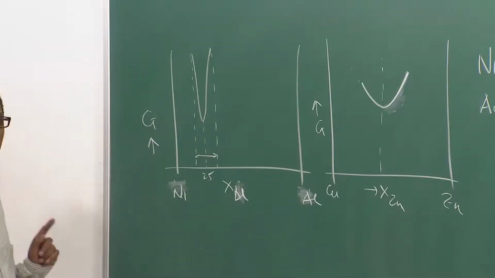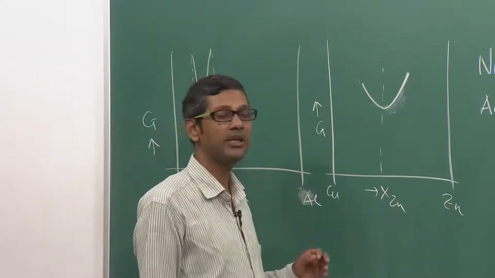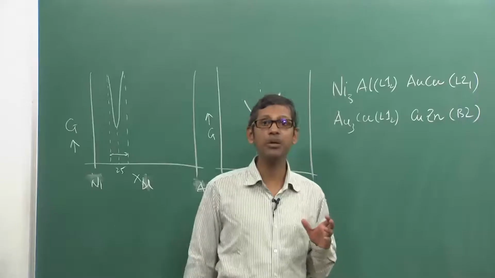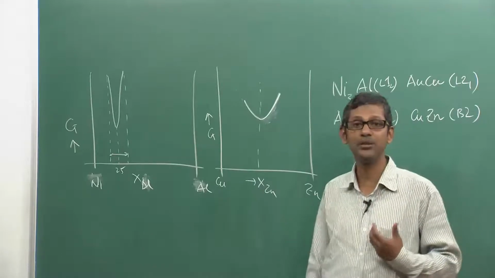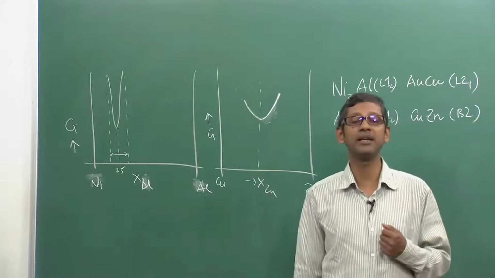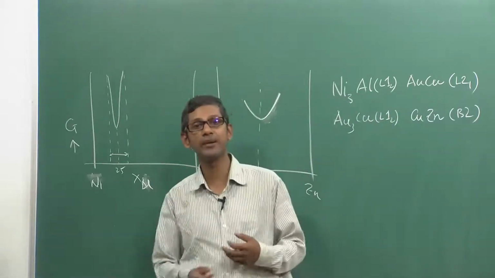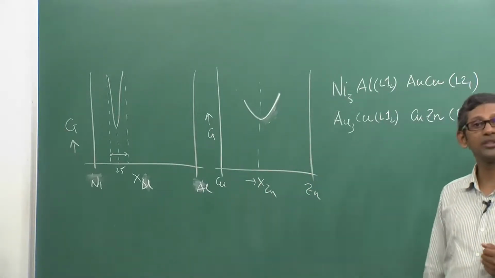But the most important characteristic of these compounds or phases is that, because they are stoichiometric, they will have free energies in many cases much lower than the solutions. It has been found. So, that is another advantage of forming these compounds, because they have very ordered structures. Therefore, the entropy contribution is low.